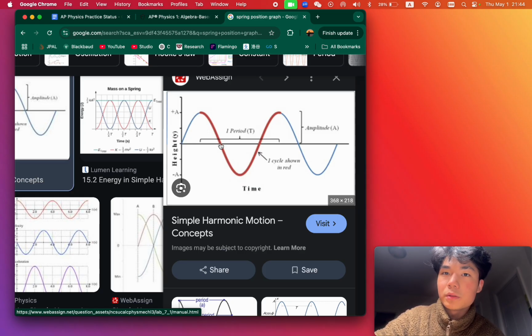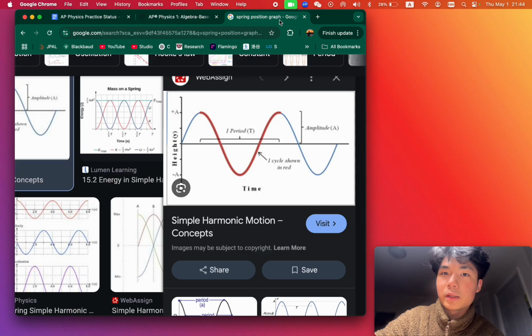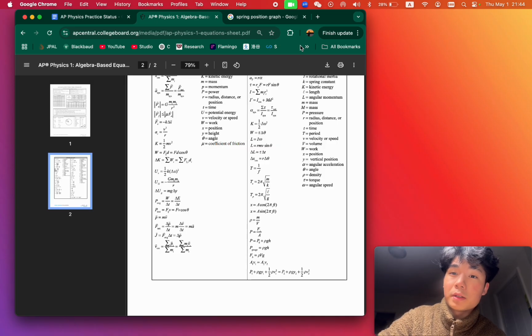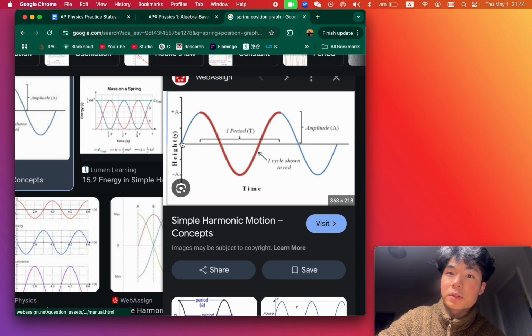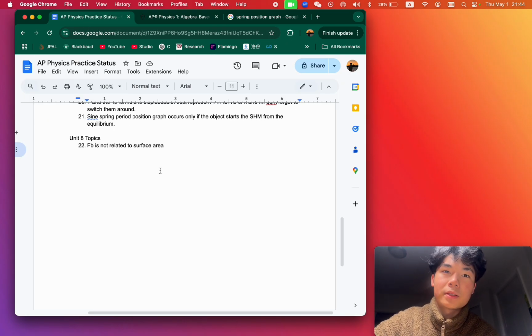Likewise, with the cosine, we have two of these. This is when you start at, let's say, positive A. This, however, is when you start at the equilibrium position. Remember that. That's really helpful.